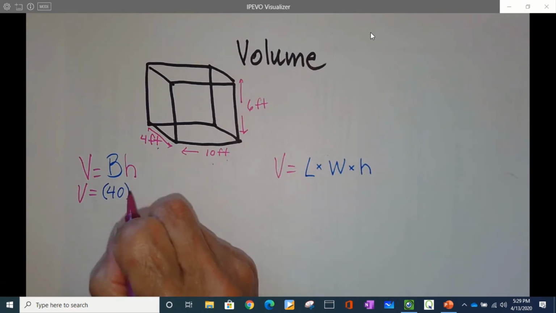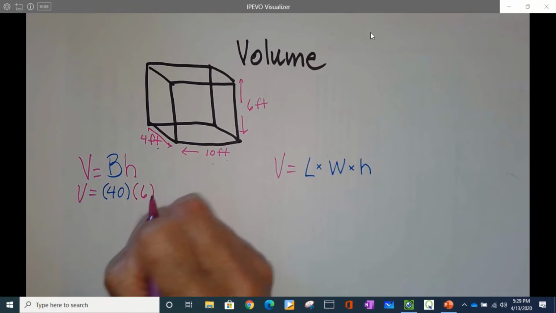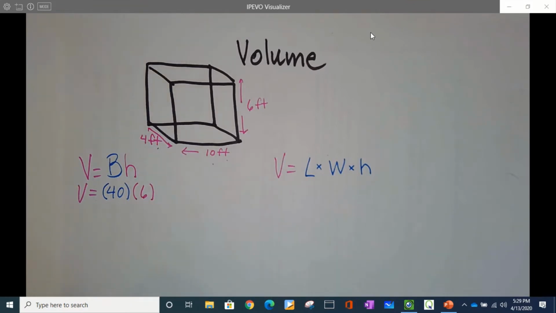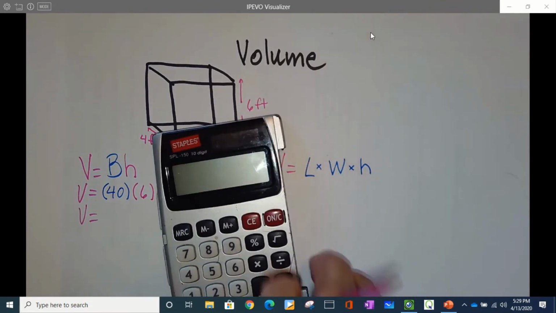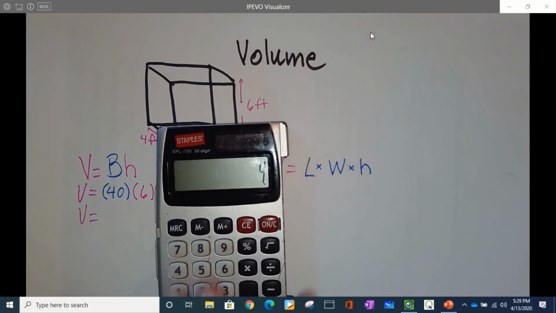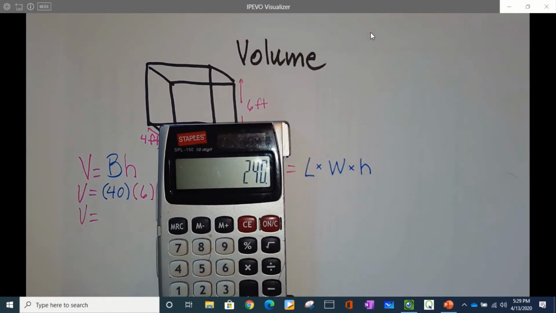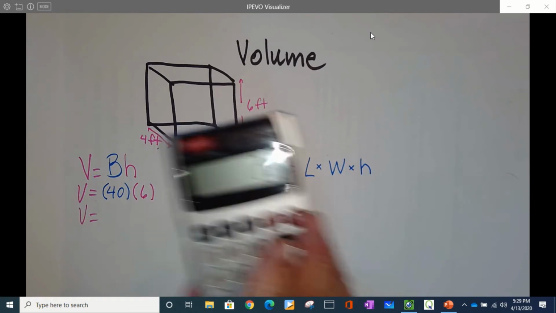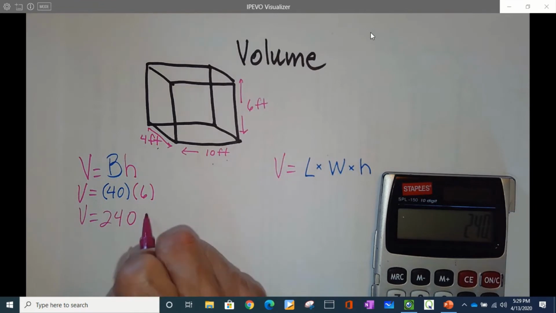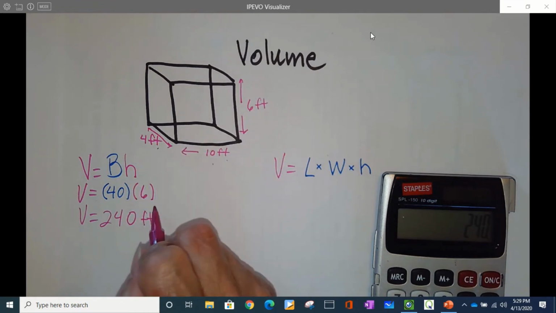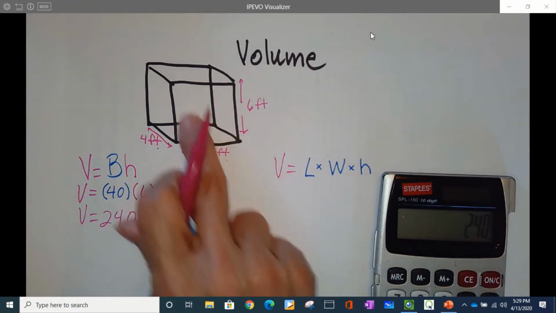And then my 6 feet. It's a shortcut. Volume equals 40 times 6 equals 240. And because I'm working with feet, and it's everything that's on the inside, it's going to be cubed.